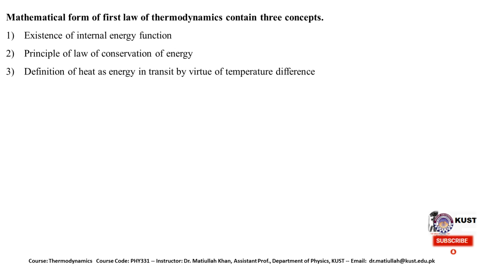For this purpose we have three ideas that are most important to us. The first one is the existence of the internal energy function. This is most important, and it was developed in the previous lecture. The second is the principle of the law of conservation of energy. As I told you in the beginning of the lecture, if some energy is lost, there is a question of where this energy goes.